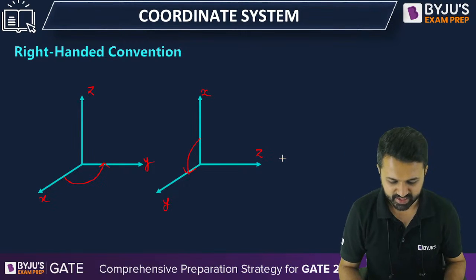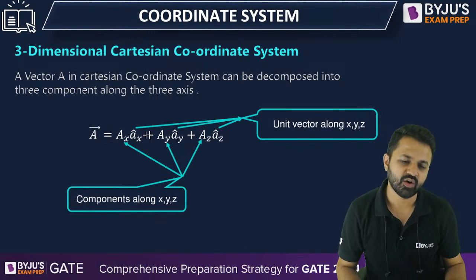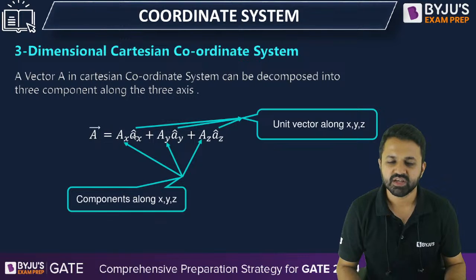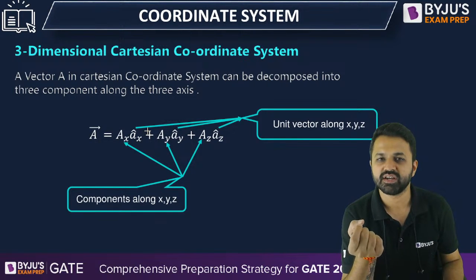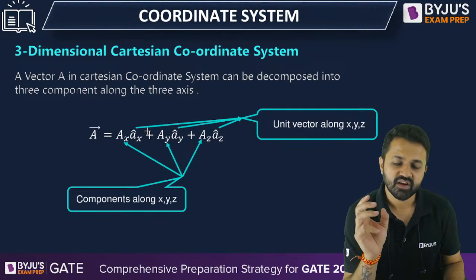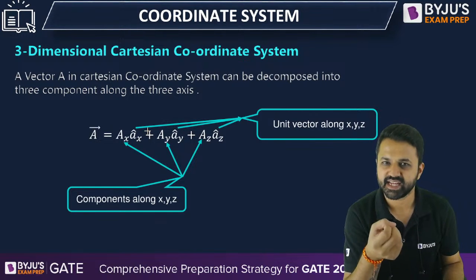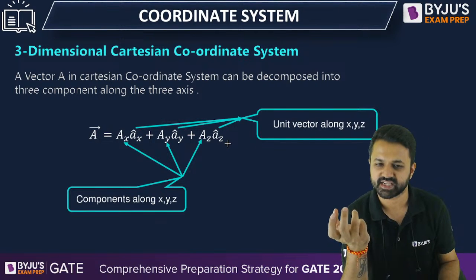Now, how do you represent a vector in the Cartesian coordinate system? Whenever you want to represent a vector in the Cartesian coordinate system, you should have three components: one magnitude in the x direction, another in the y direction, and the last in the z direction.